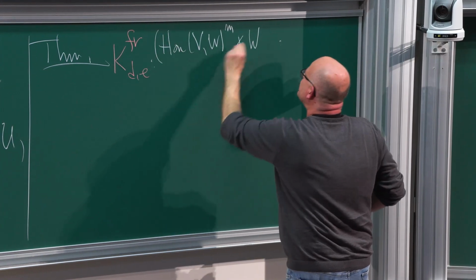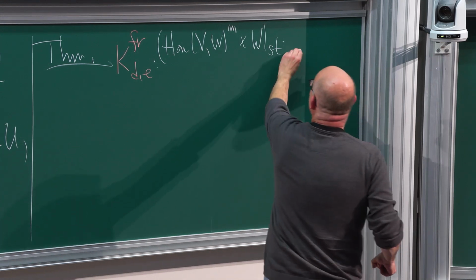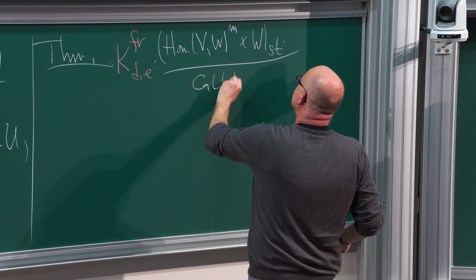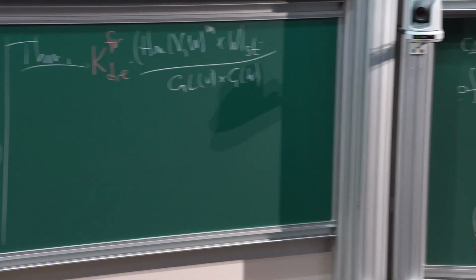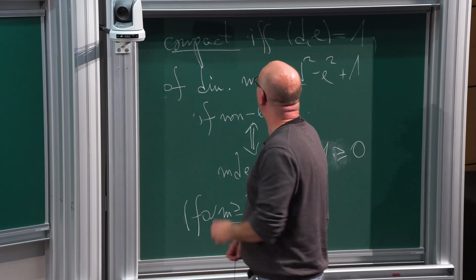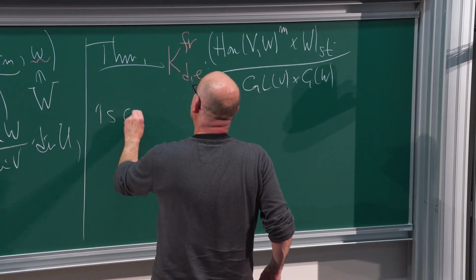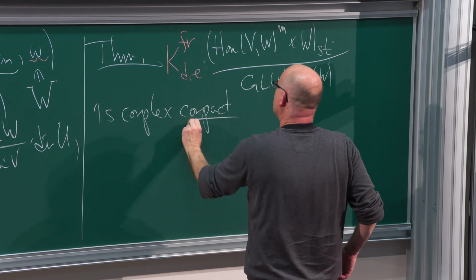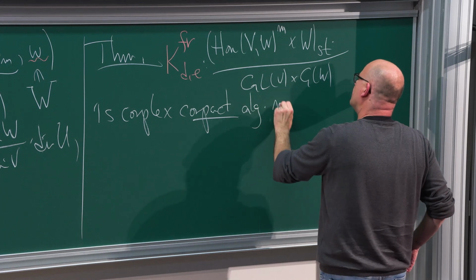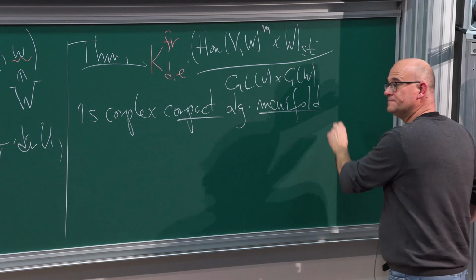I consider the stable tuples in here with respect to this new stability condition. And again, I mod out by GL_V times GL_W. This always exists as a complex compact algebraic manifold.